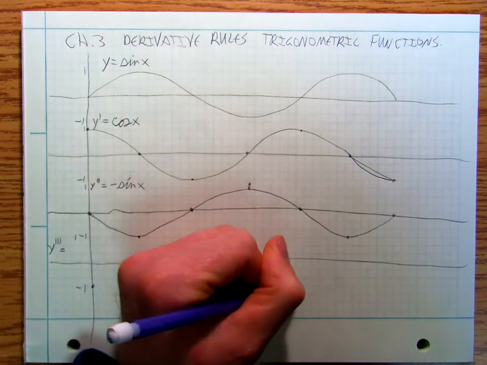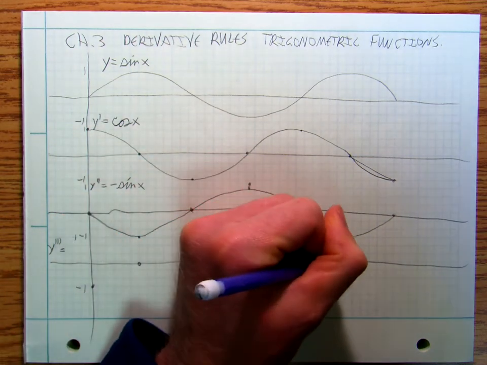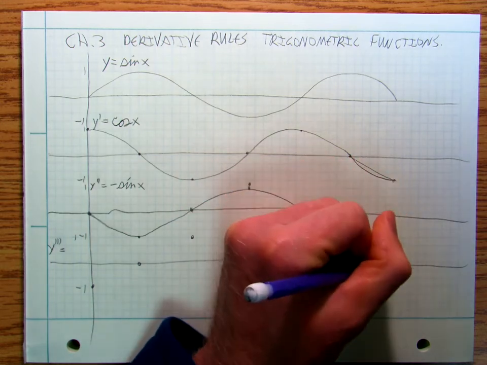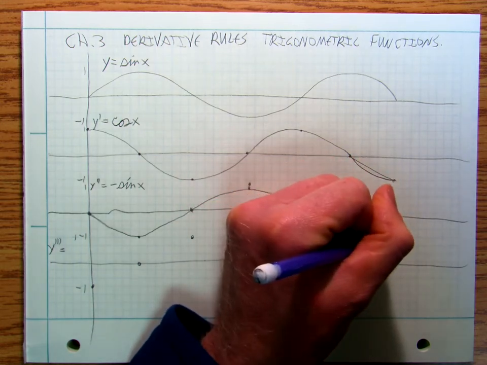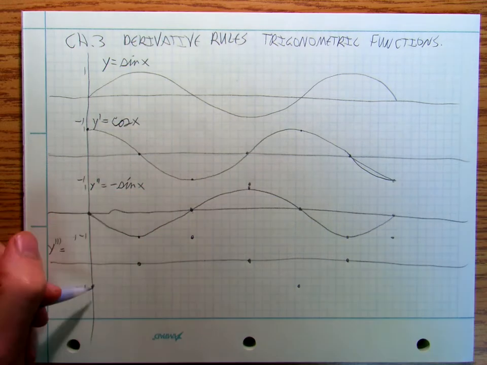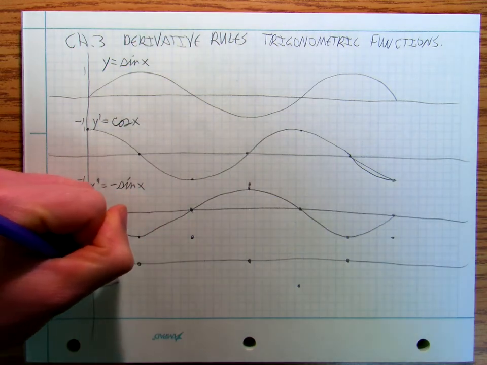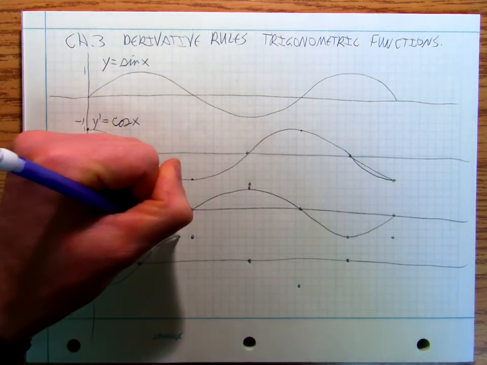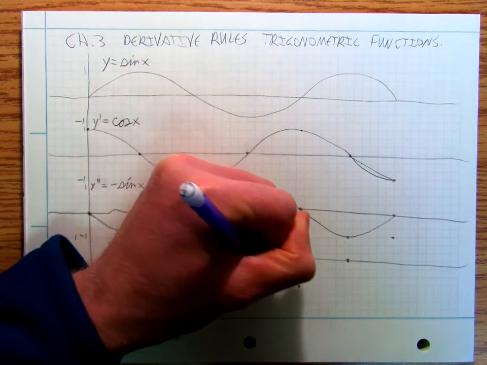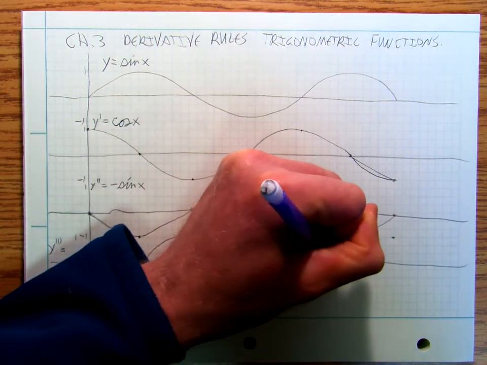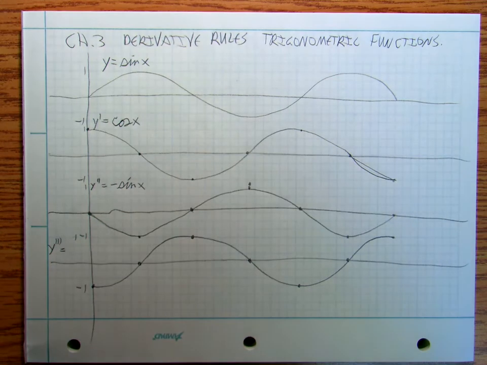Here negative 1. Here 0. Here positive 1. And so we're going to get, and that is going to be negative cosine x.